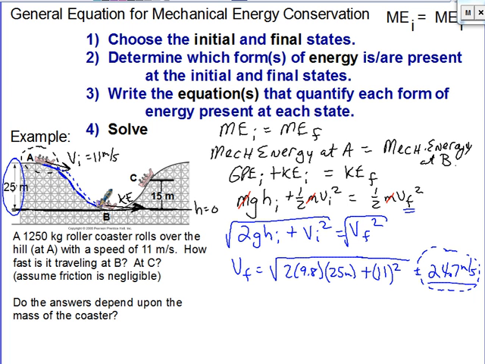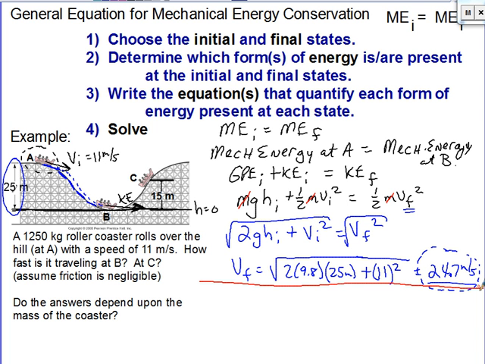If I want to determine the speed at C, I'm going to do this a little bit simpler than what we did on this one. So I'll show you how I'm going to approach that problem. I'm just going to choose a different final position.